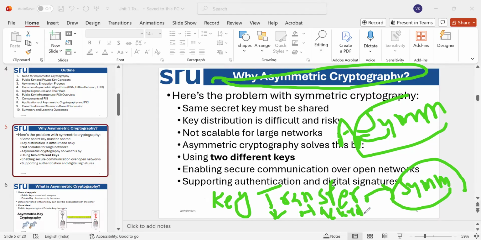If the key is hacked, any encrypted message can be decrypted in between, in the transmission medium also, right? So this is unsafe.